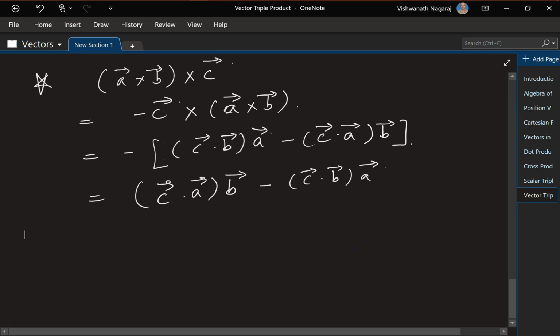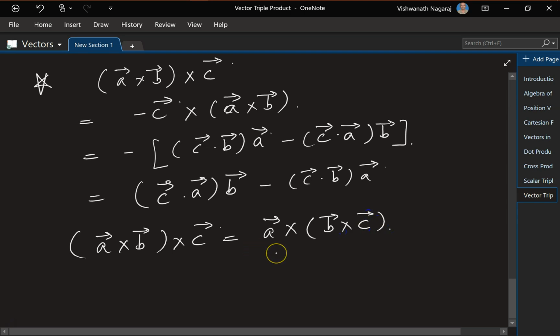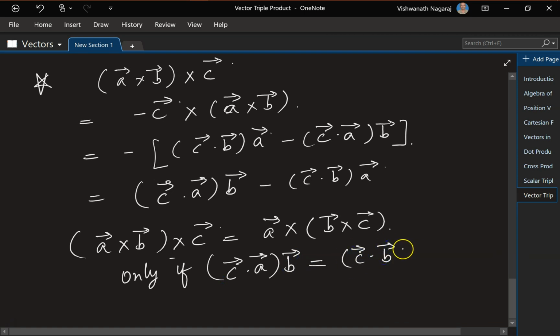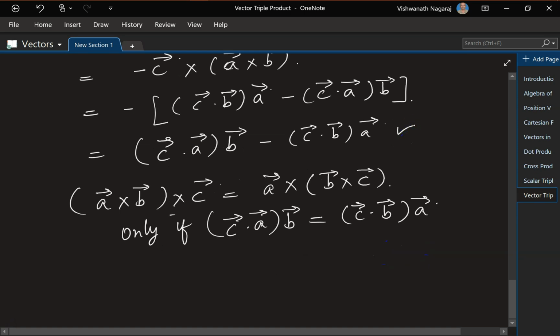Now important, just think about this a little bit and you will realize that A cross B cross C will be equal to vector A cross B cross C. That means this would be possible only if C dot A times B is equal to C dot B times A, because then only this will become 0.